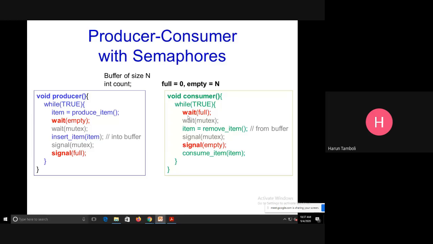So it will first perform wait on full, then wait on the mutex, and if both waits are performed successfully, then it will remove the item. After removing, immediately it will perform the signal operation, and then afterwards it will consume the item.